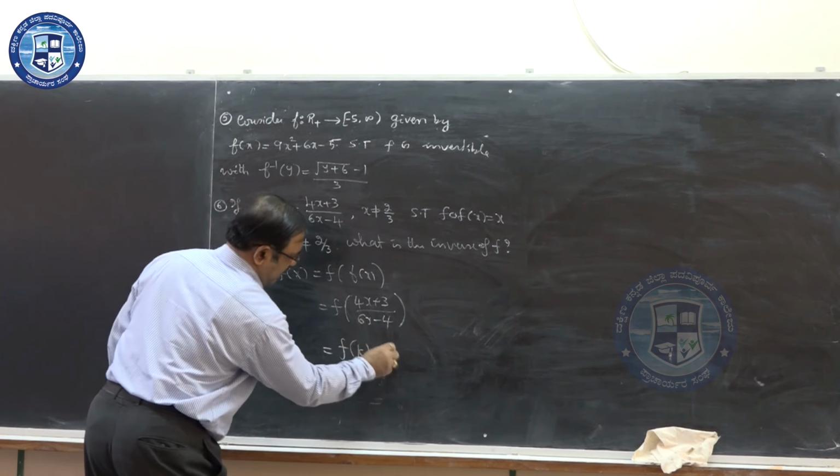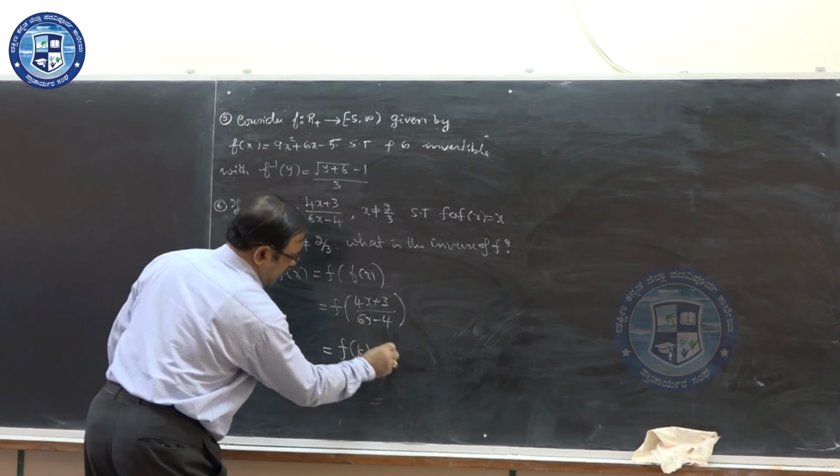So, what is f of k? Replace x by k. What do you get? 4k plus 3 by 6k minus 4. Now, substitute for this k: 4 into 4x plus 3 by 6x minus 4 plus 3 divided by 6 into 4x plus 3 by 6x minus 4 minus 4.